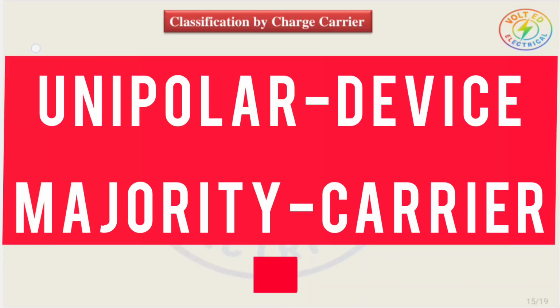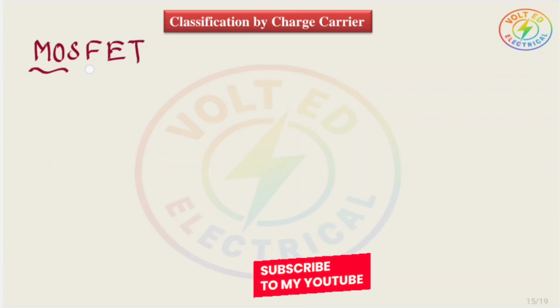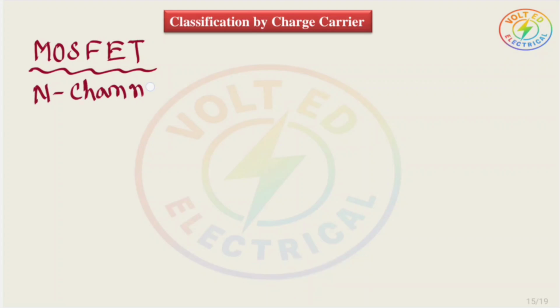Okay, first let's talk about the MOSFET. Why is it called a majority carrier device and a unipolar device? It has 2 types: one is the N channel, and the other is the P channel.